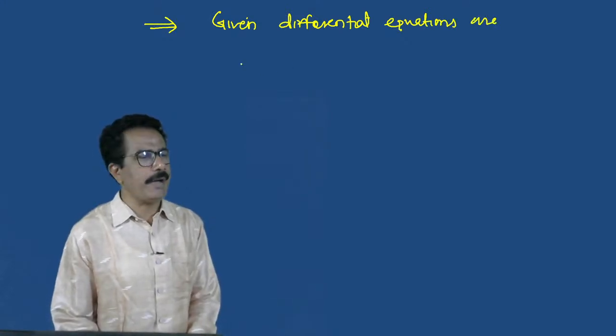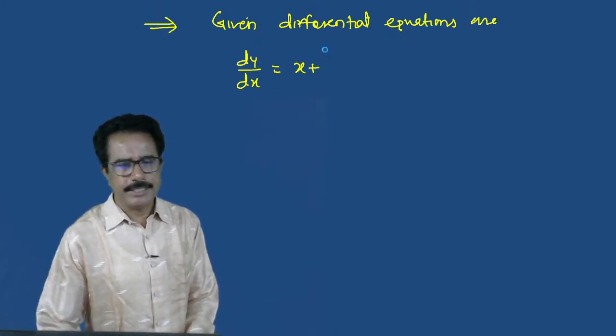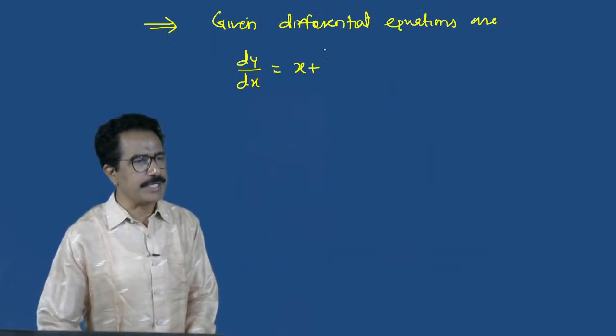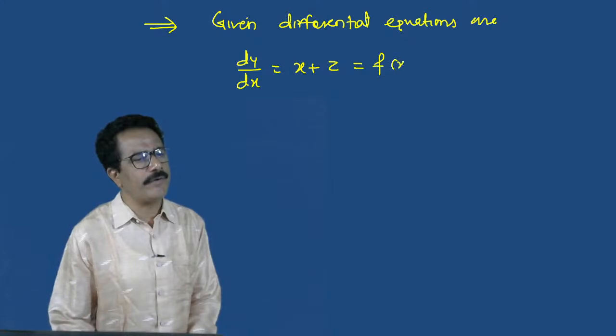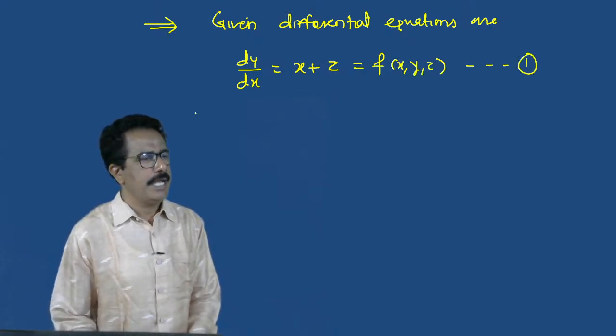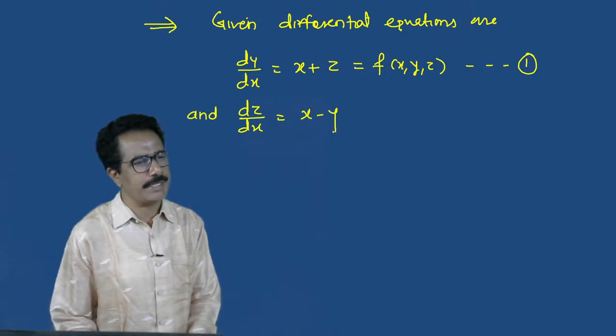Now here the given differential equations are dy by dx equals x plus z. We can denote it as f of x comma y comma z. Suppose this is equation 1, and dz by dx equals x minus y square, which is denoted by g of x comma y comma z.